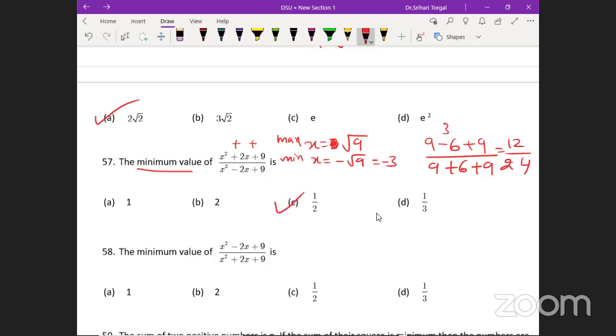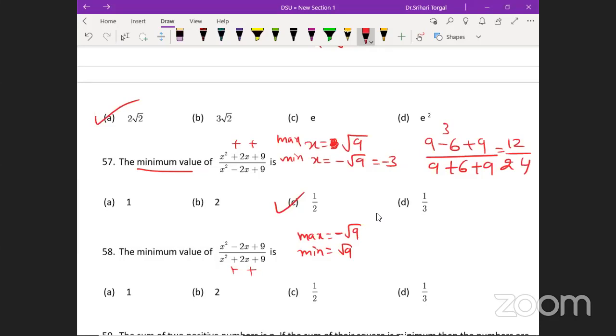Got it? The plus is in the numerator: plus root 9 for one case, minus root 9 for the other. Concentrate here. To get the maximum value, it is minus root 9. For the minimum value, it is root 9. Okay? Plus signs are in the denominator, right?